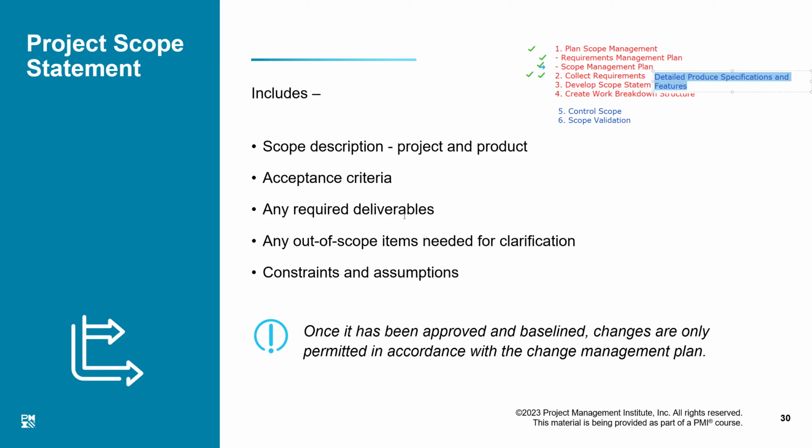But what all the requirements are and how the final acceptance will be sought is included in the scope statement. Scope statement also talks about what is in scope and what is out of scope. When we had the discussion of product scope, we could have established these things that we must do in the project.